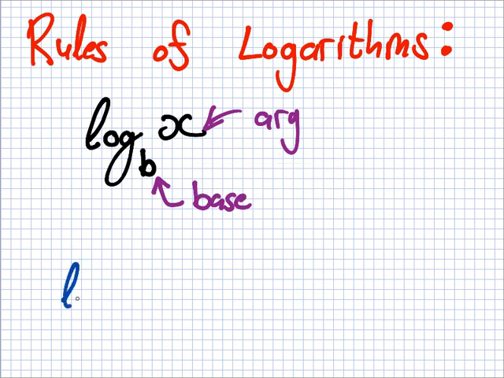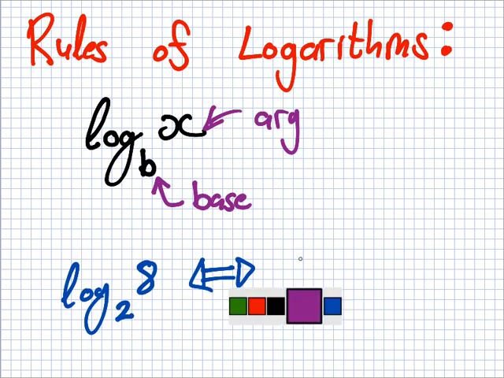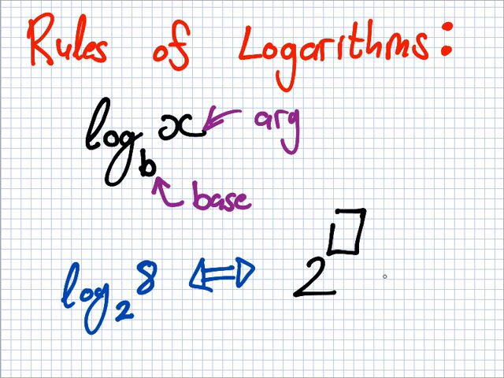If you have log with a number and a number here, we think of it as this question: 2 to what power gives 8? Whatever number you can imagine goes here to make the answer, that's what this is equal to. So it's kind of like a question.